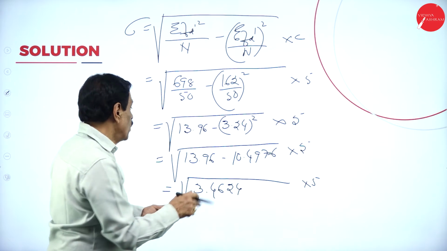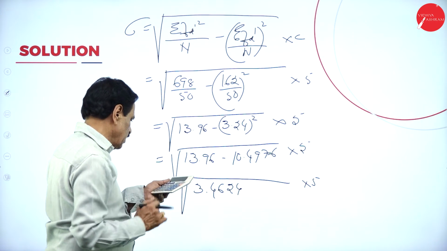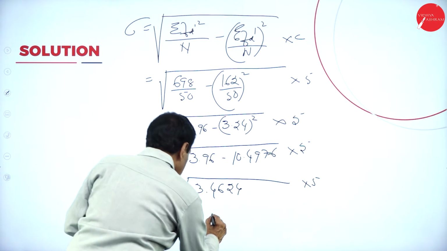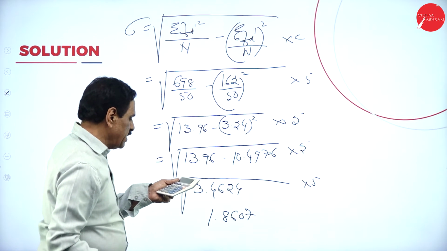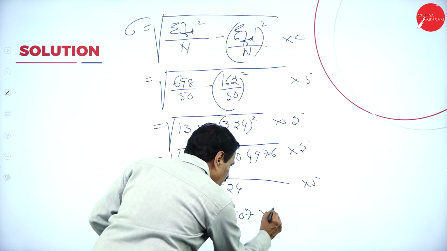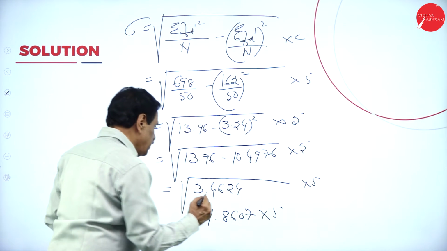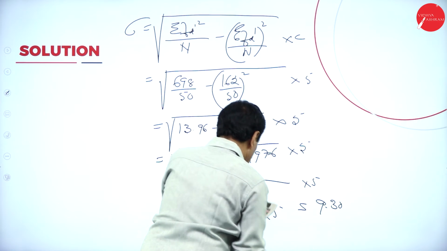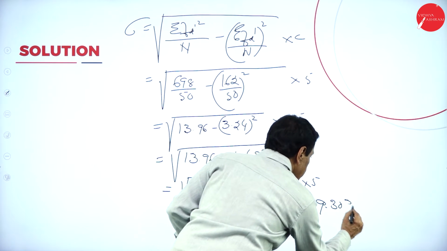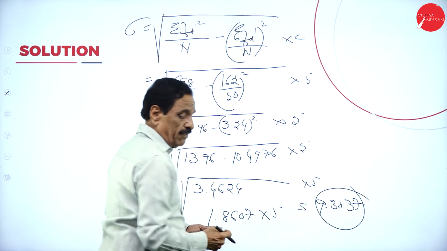Root of this is 1.8607, 1.8607 into 5 is 9.3037, full number if you want.